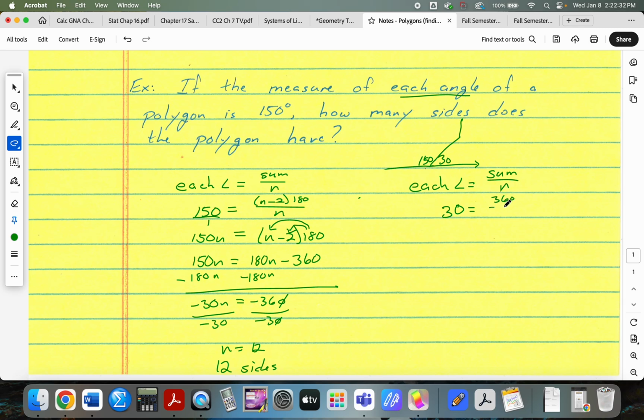Isn't that easier than having that whole formula up there? Put that over 1 and cross multiply, and I'll get 30n is 360. Divide both sides by 30. And I get that n is equal to 12.